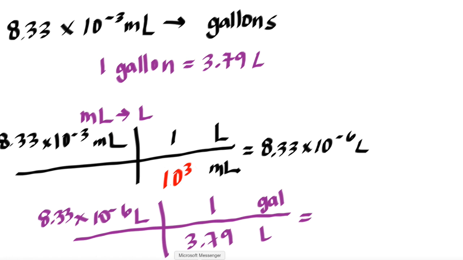Because we started out up here with 3 numbers, I'm going to put my final answer in 3 numbers, and I'm just going to round a little bit here, times 10 to the negative 6 gallons.